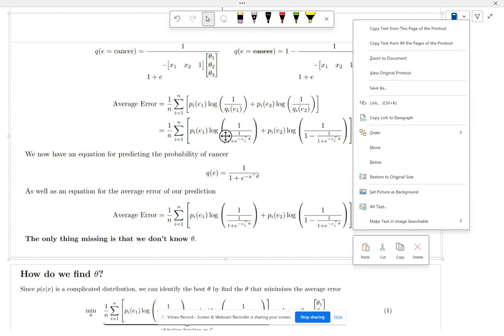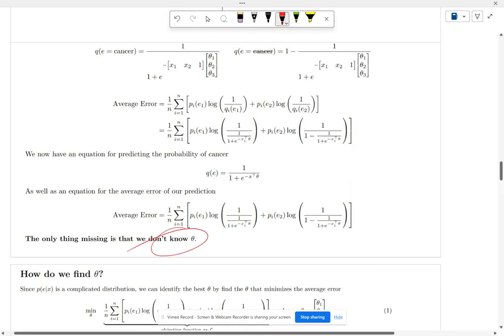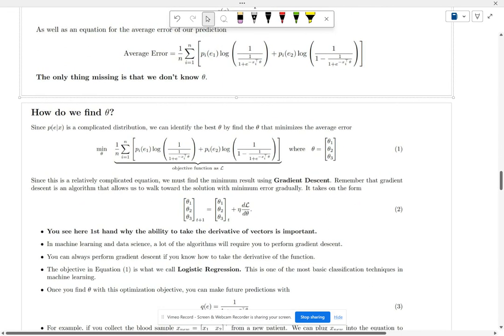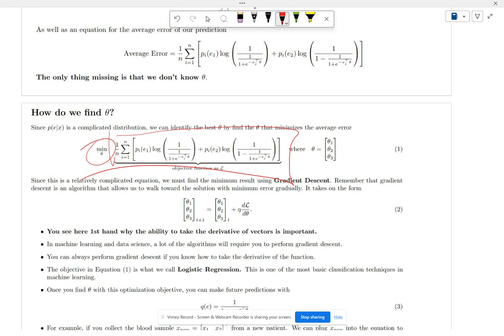The only thing missing now is that we don't know theta. So how do we go find theta? Well, we find a theta that essentially minimizes the average error. And to do minimization, I already showed you how to do that: gradient descent. If we do gradient descent, we just need to take the derivative of this.